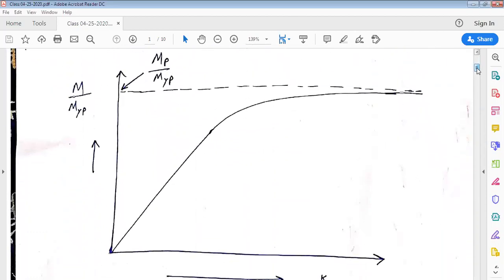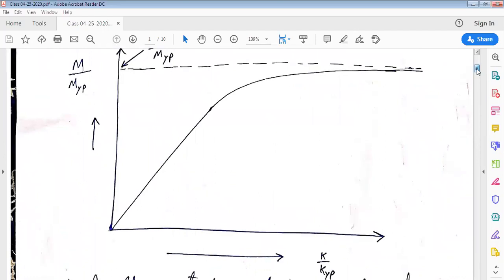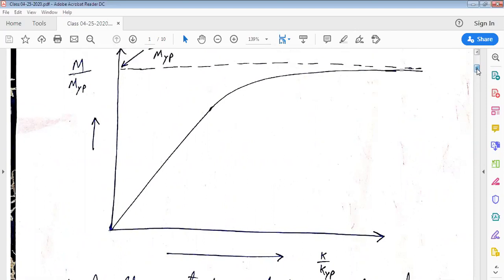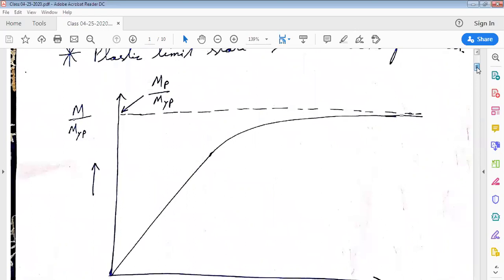On your screen, there is a graph between, on the x-axis is curvature, ratio of curvature divided by curvature at the yield point, and on the y-axis is moment divided by yield point moment.